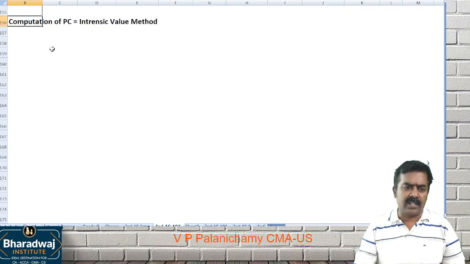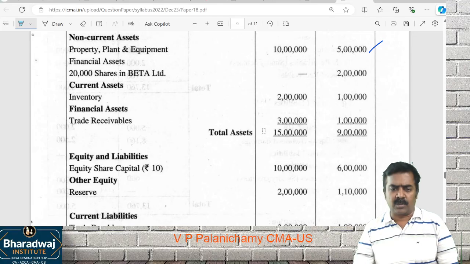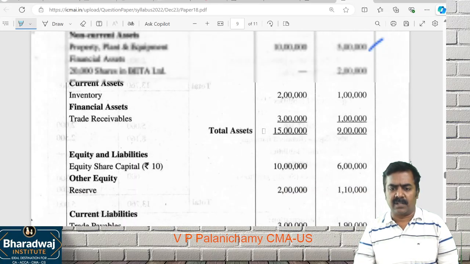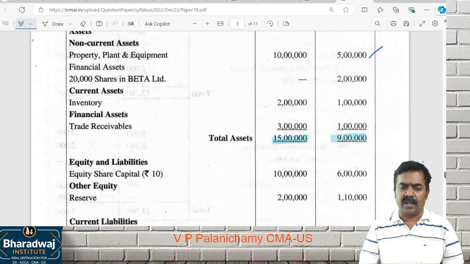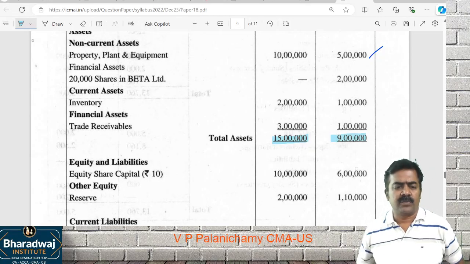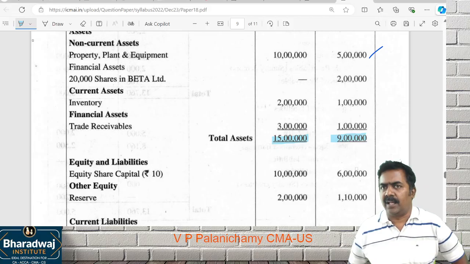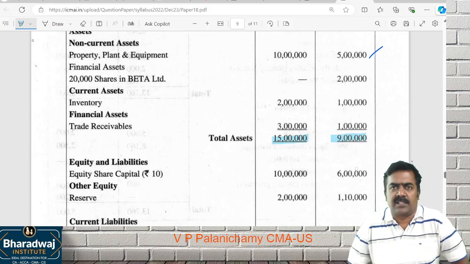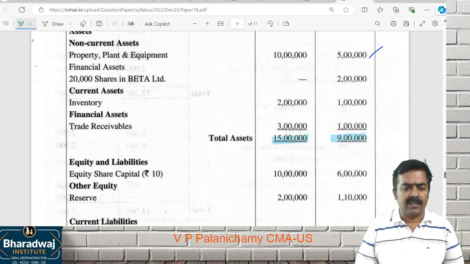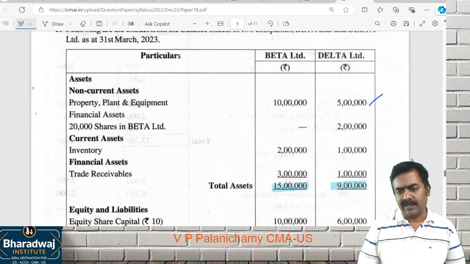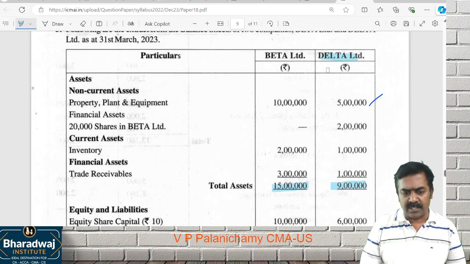No need to total the assets once again, because the totals of assets are already given to us. What is the total of assets given? 15 lakhs and 9 lakhs. Before that, look at this: Delta Limited is holding some shares in Beta Limited.